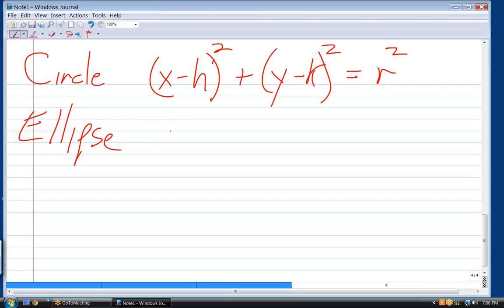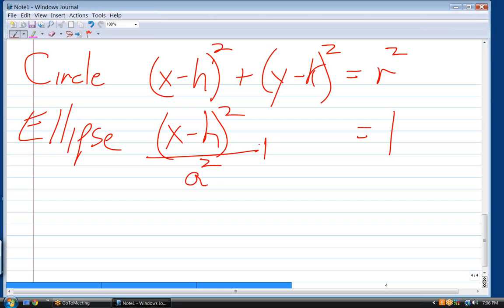What's the general formula for an ellipse? Let's leave the 1 on the right side, that's the way we're used to seeing it. x minus h squared over a squared, plus y minus k squared over b squared.